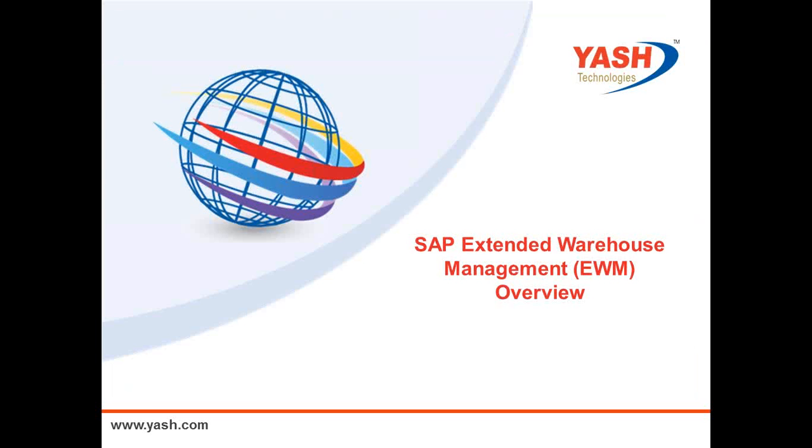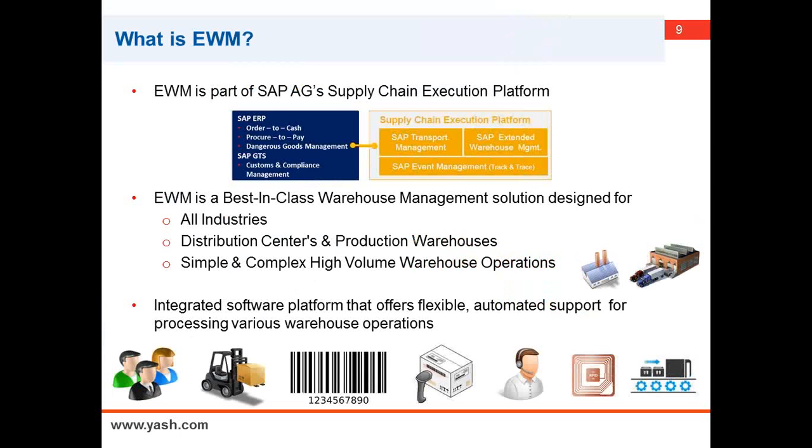So in that same product family is the Extended Warehouse Management product. I'm sure if you're on this webinar, you have a pretty good idea of the EWM solution and how it can automate and systematize the inventory that you have in your warehouse.